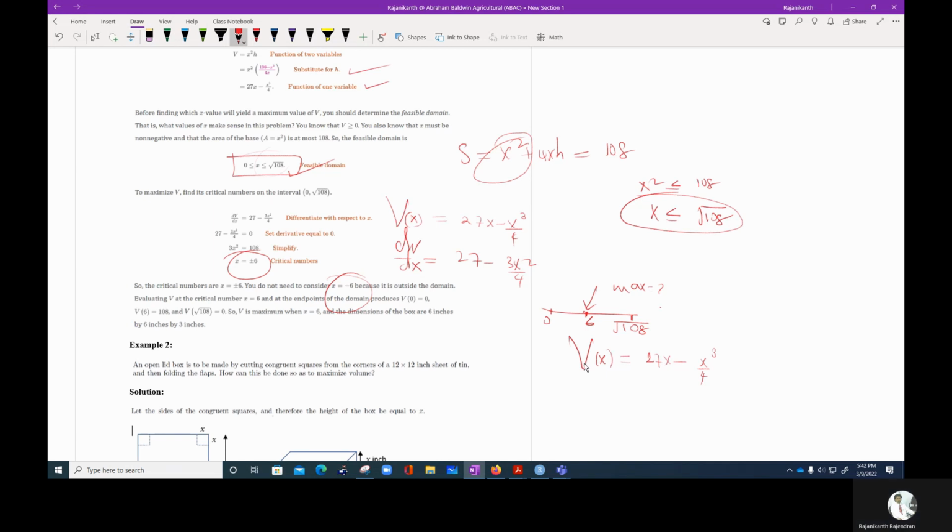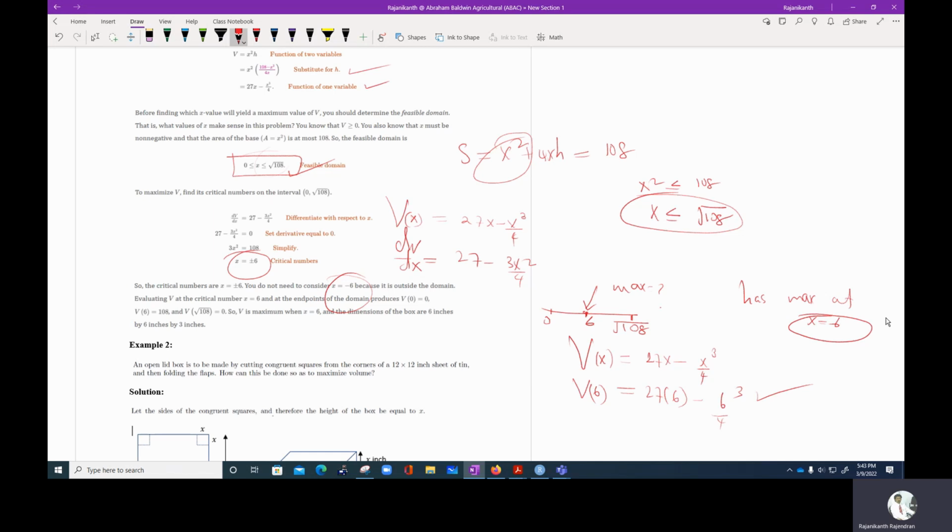So if you plug in x = 6 here, you will get the volume function value. So this is the maximum volume, and the function has a maximum at 6. So this is the x value where the function gets its max.